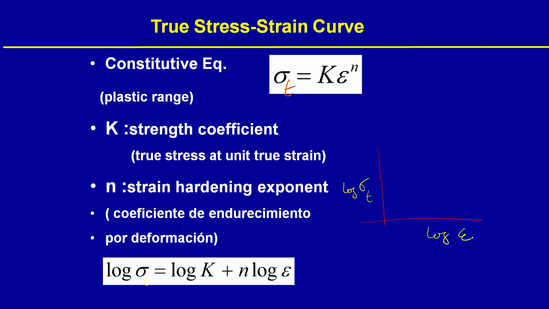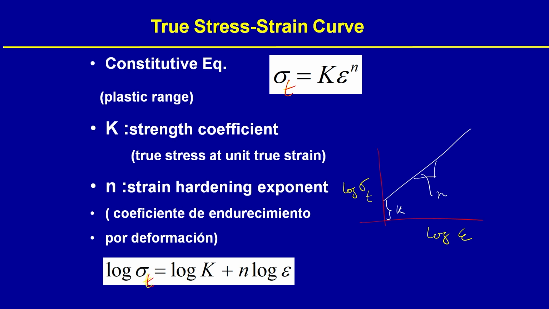You get a straight line. Very easily you get a straight line, right? The straight line is this equation, and the slope of the straight line will give you the value of n, and this intercept will give you the value of k.